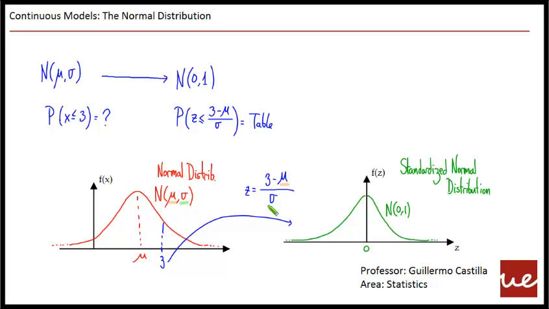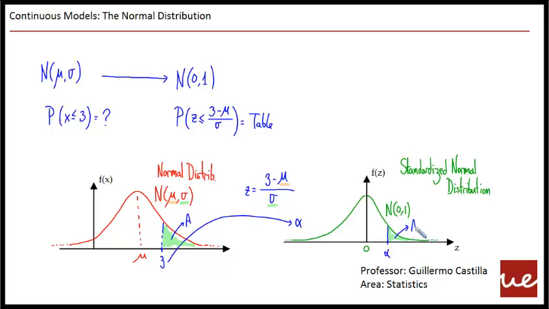So in this case, if we have the value 3 and we want to see the probability that x is smaller or equal than 3, then we'd have a value alpha in the other normal, and really the probability of being smaller or equal than 3 and the probability of being smaller or equal than alpha would be the same in both cases.